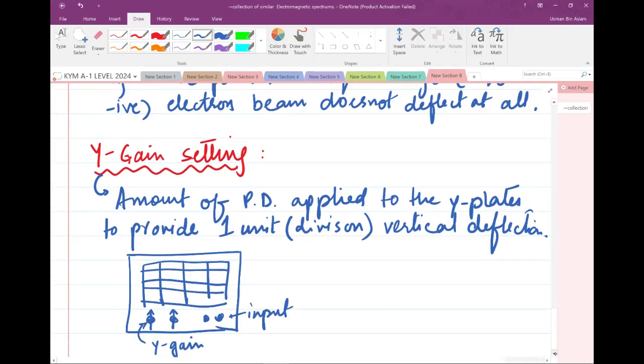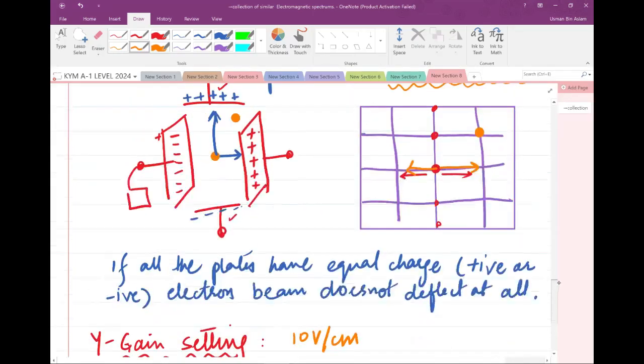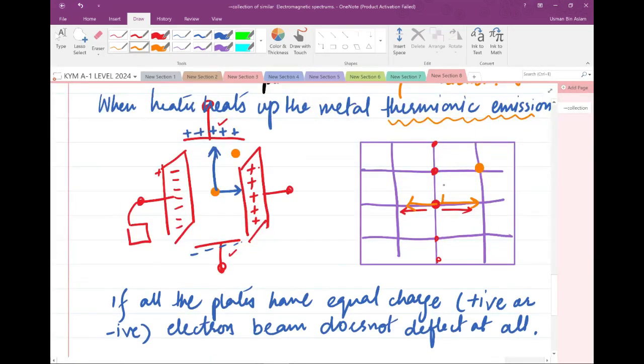division vertical deflection. For example, if I set the Y gain setting to be 10 volts per centimeter, that means on the screen, if this electron has to deflect 1 centimeter vertically up or down, the Y plates will have 10 volts on it. 10 volts supplied to the Y plates.